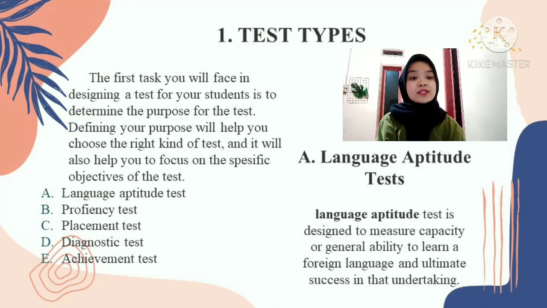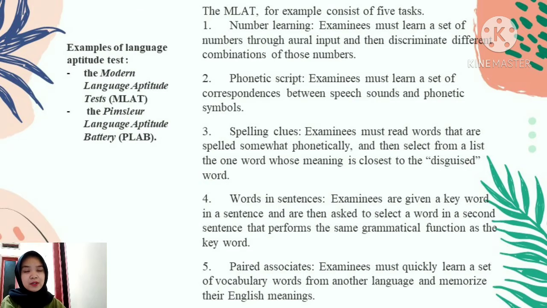Language aptitude test is designed to measure capacity or general ability to learn a foreign language and ultimate success in that undertaking. So, if we are confused, what is an example of the language aptitude test?